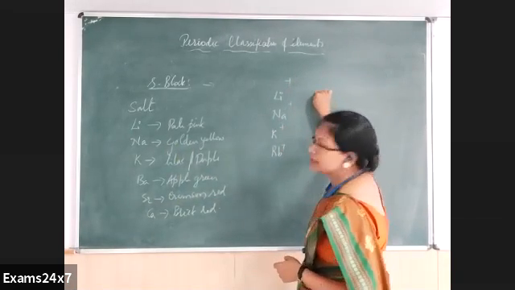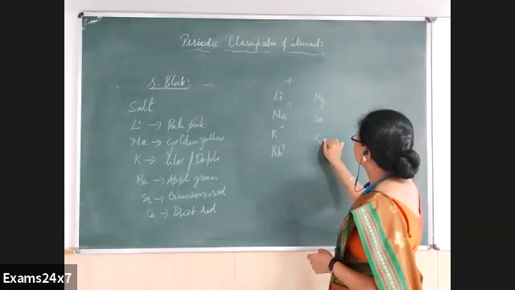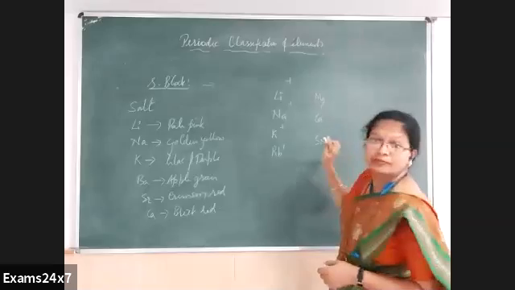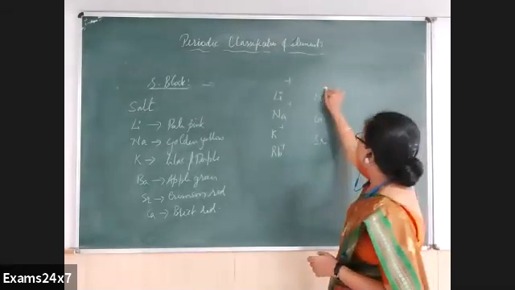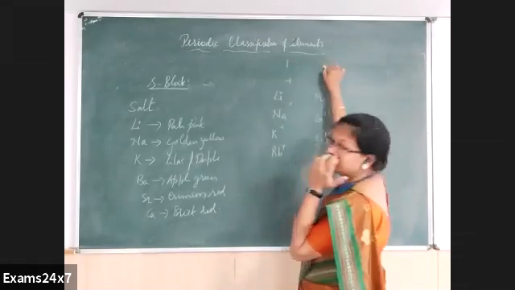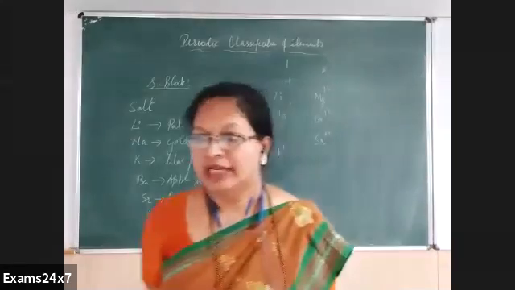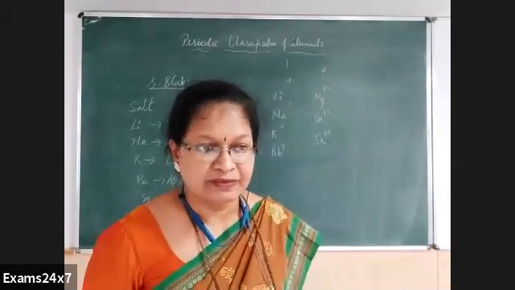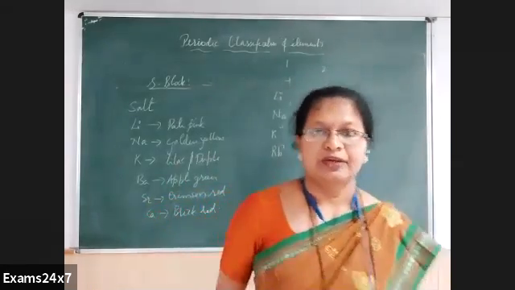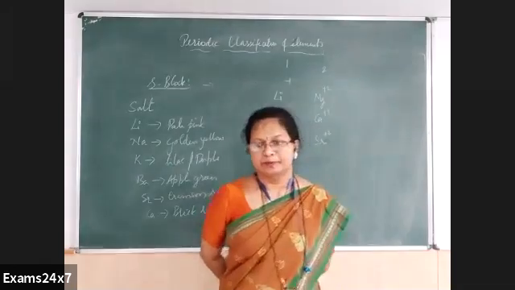The other side, magnesium. How much? +2. These all have +2. These are from the first group and these are from the second group. So valency and group number, do they have any relation? Valency of these elements matches with their group number. Next point: valency of s block elements matches with the group number.